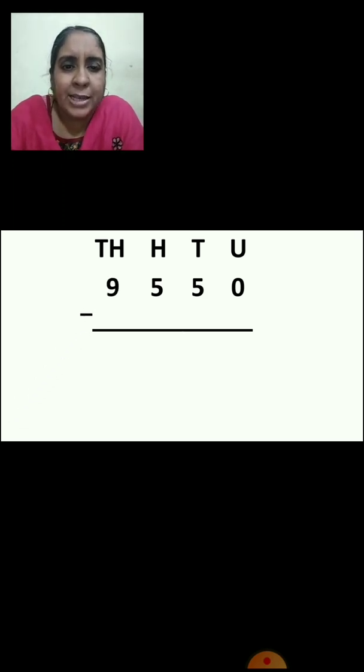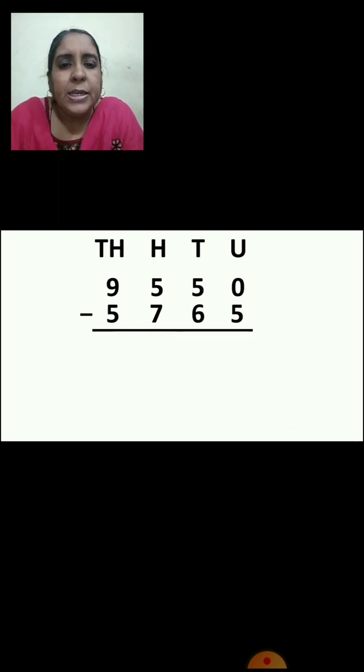Now let us see the next number. 5 in units place, 6 in tens place, 7 in hundreds place, and 5 in thousands place. So after arranging the numbers, now we can subtract. So we will see the numbers in units place first.